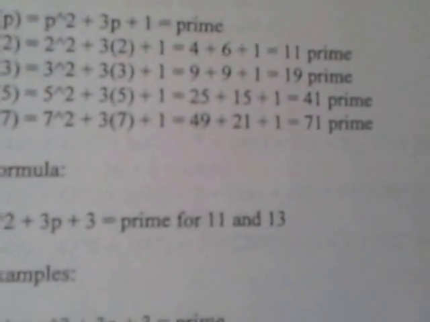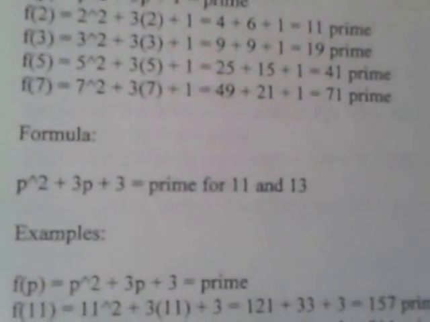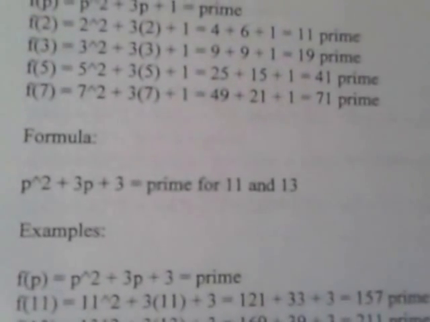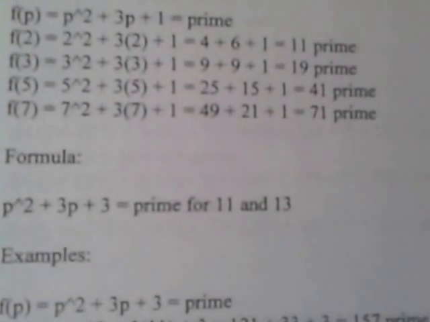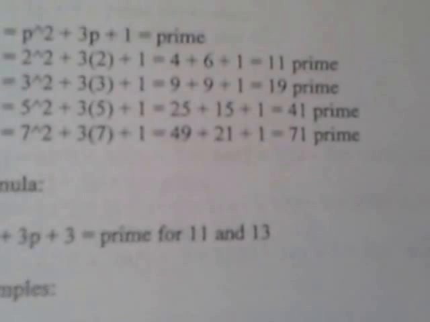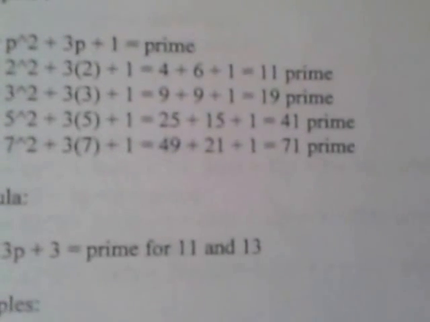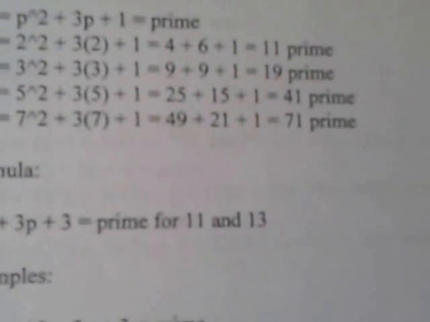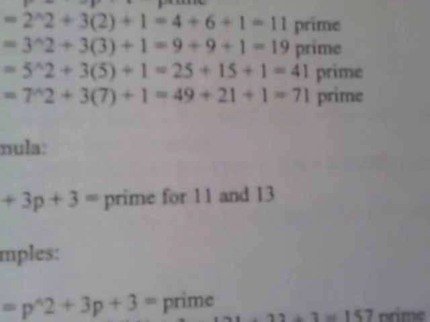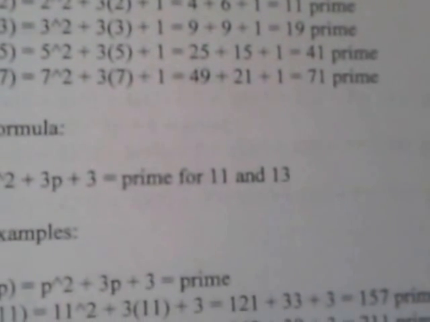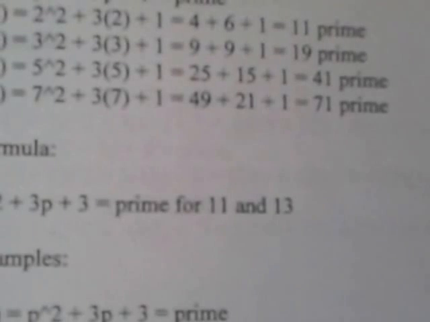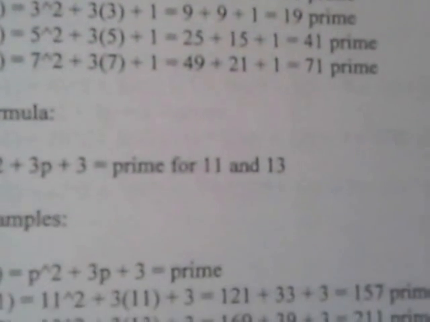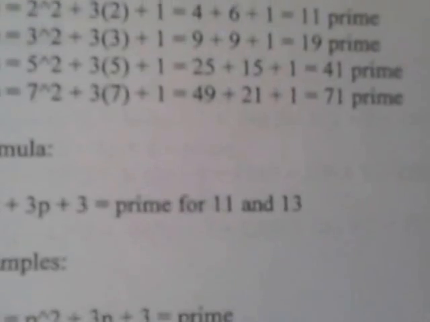Then you go to the next consecutive prime, f of 3, which equals 3 squared plus 3 times 3 plus 1 equals 9 plus 9 plus 1, which gives you another prime, 19. Then you go to 5, 5 squared plus 3 times 5 plus 1 equals 25 plus 15 plus 1, which gives you 41, prime. And then you do the same thing for 7, and that will give you 71, prime.